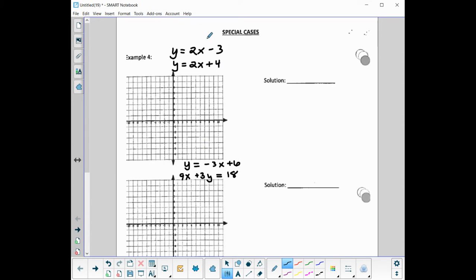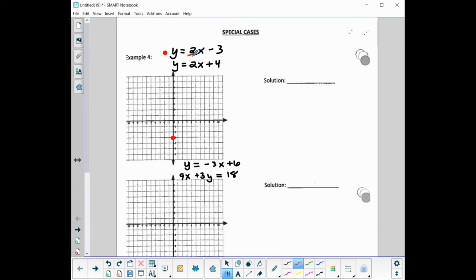So for this first example, which you need to write down, y equals 2x minus 3 and y equals 2x plus 4, we already have both equations in slope-intercept form. So this top equation, I'm going to graph in red, has a y-intercept of -3. So I'm going to put a point on the y-axis at -3.